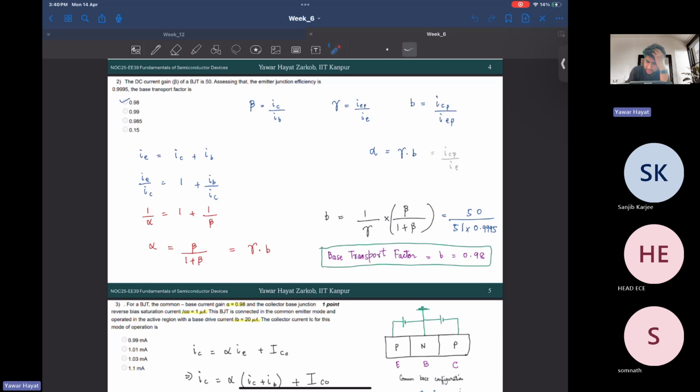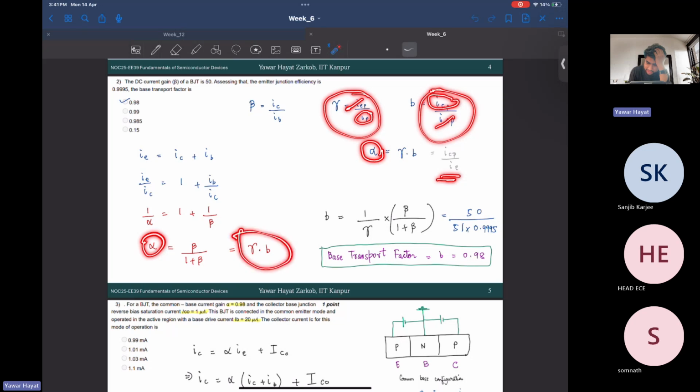Now focus here. If I take the product, this cancels out, and I'm left with ICP by IE, right? This is what I wrote here. And that is by definition alpha, because alpha we saw is gamma times B. So I can write B as 1 by gamma times alpha, and alpha is beta by 1 plus beta.